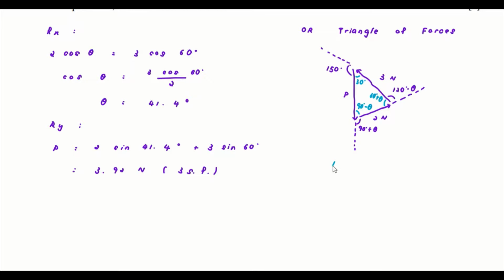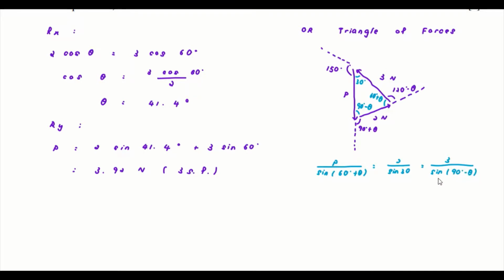So P over sine 60 plus theta is equal to 2 over sine 30. And the last one is for the 3 Newton, and the angle opposite it is 90 minus theta.